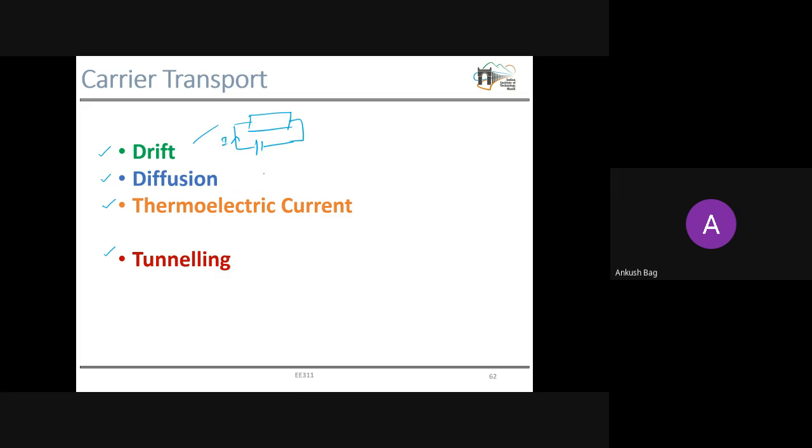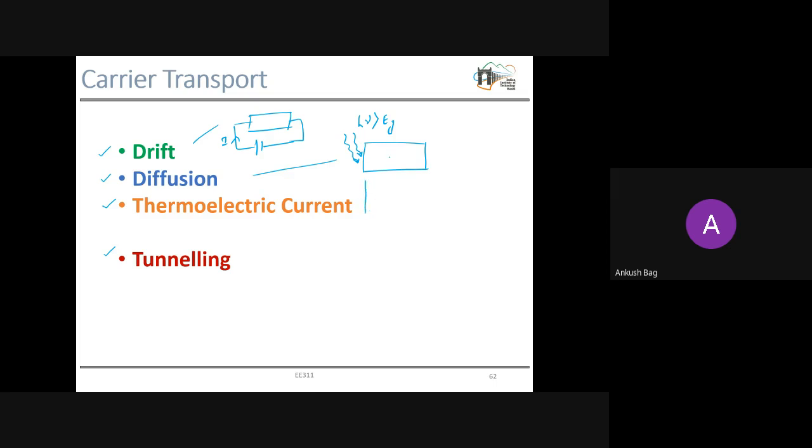Now in case of diffusion, what is happening? Let us take a semiconductor bar and shine light on one side of it, where the photon energy is greater than the band gap of your semiconductor, that means hν is greater than the Eg of the semiconductor.